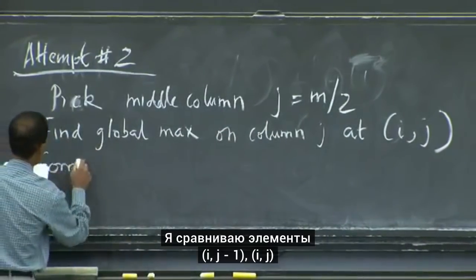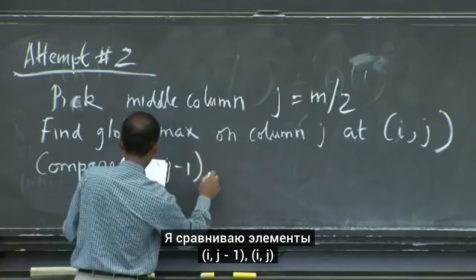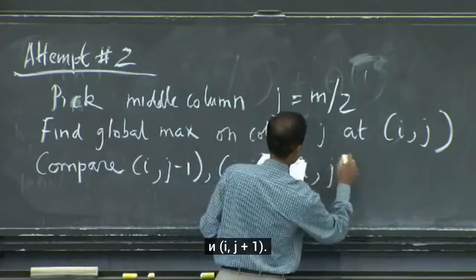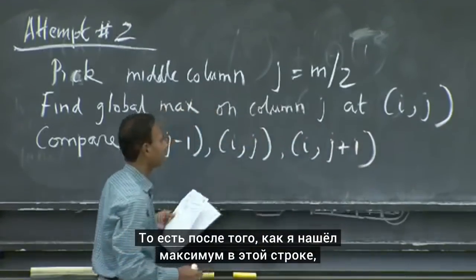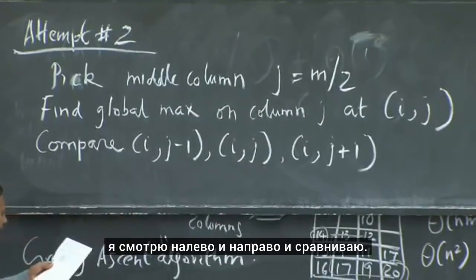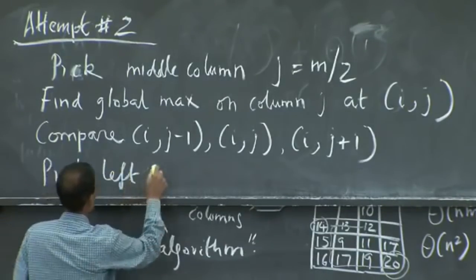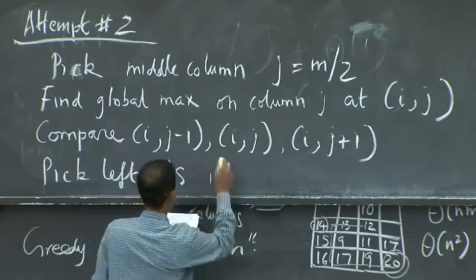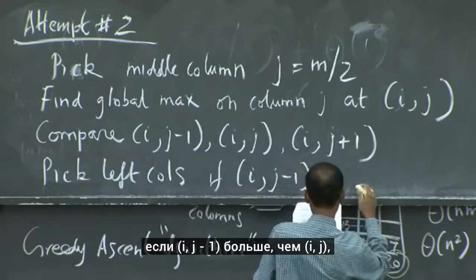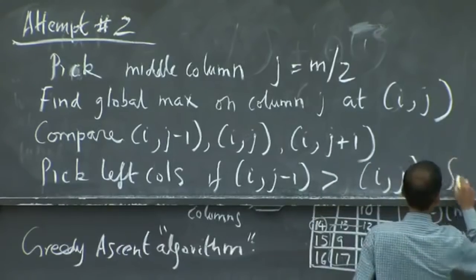I'm going to compare (i, j-1), (i, j), and (i, j+1), which means that once I've found the maximum in this column, I'm going to look to the left and the right and compare. I'm going to pick the left columns if (i, j-1) is greater than (i, j), and similarly for the right.